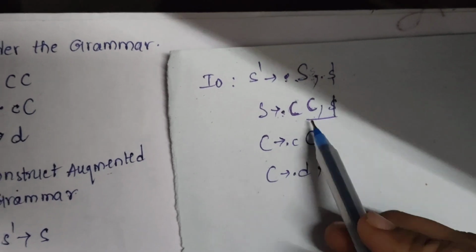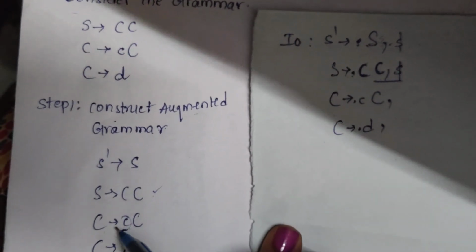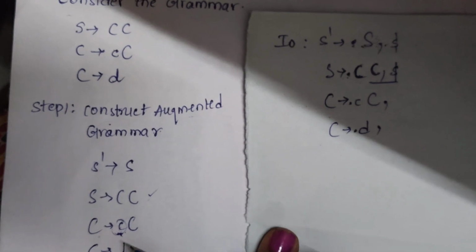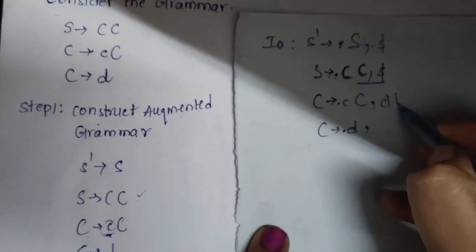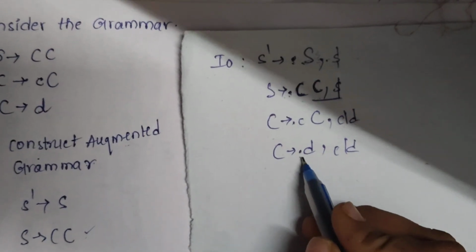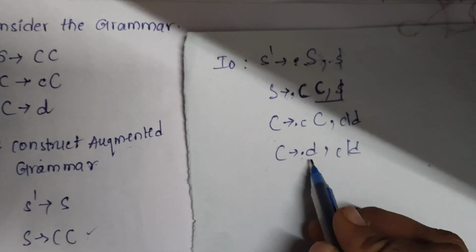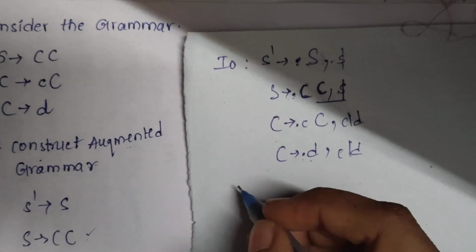First of capital C is c and d. So the look ahead symbols become c comma d, c comma d. Now as the dot has reached the terminal, we need to stop the construction and calculate the gotos.